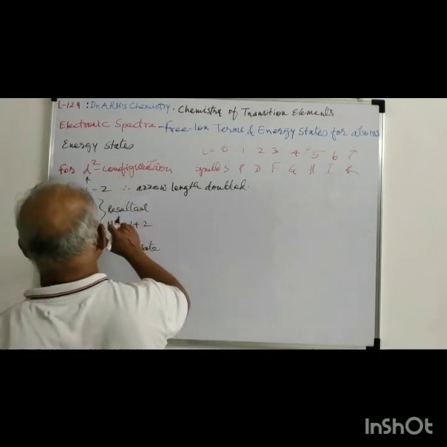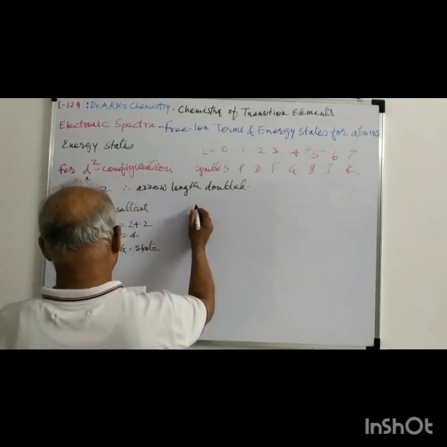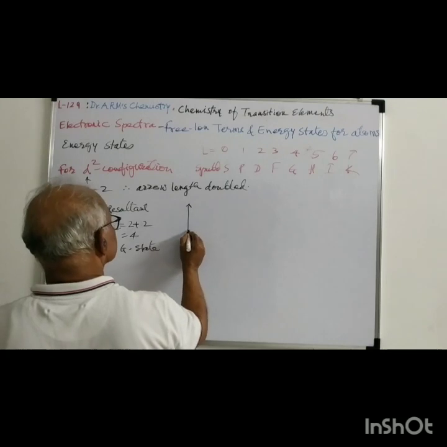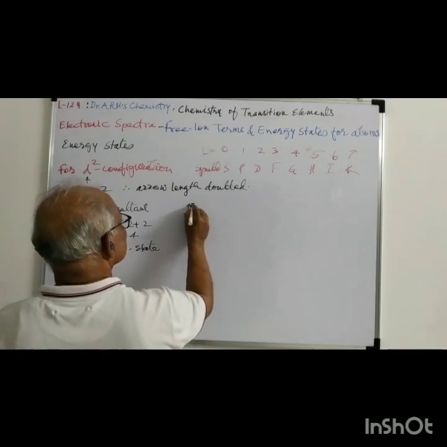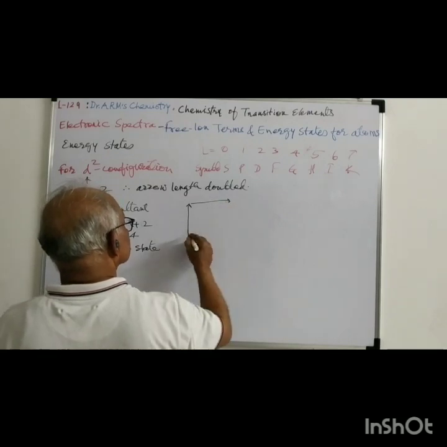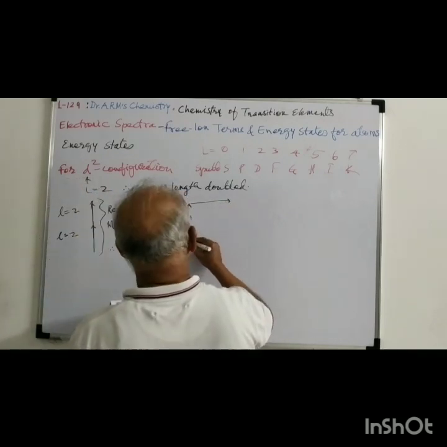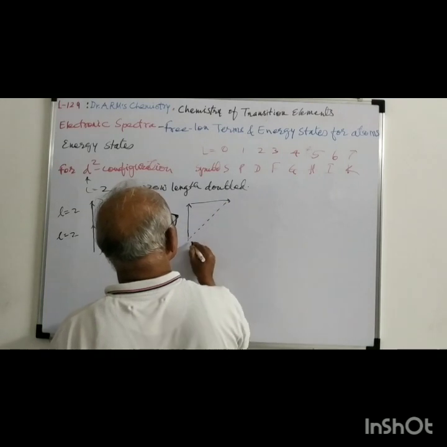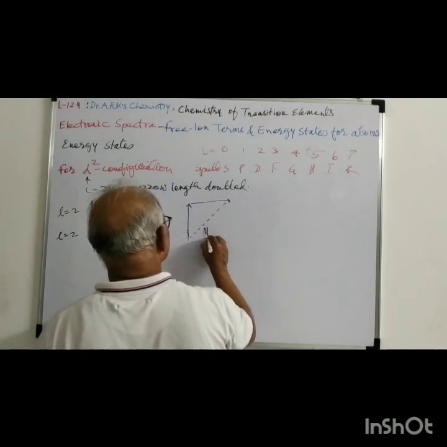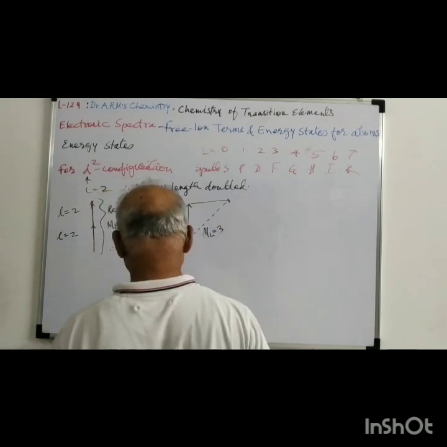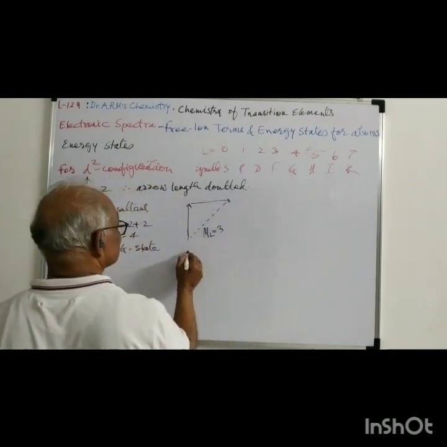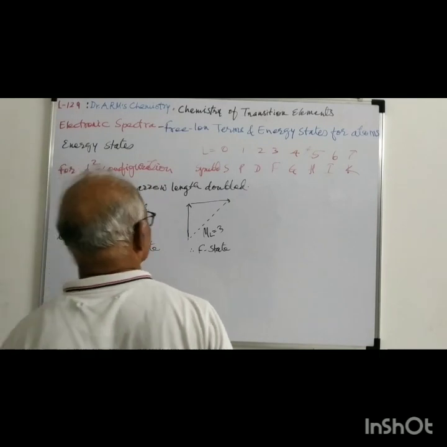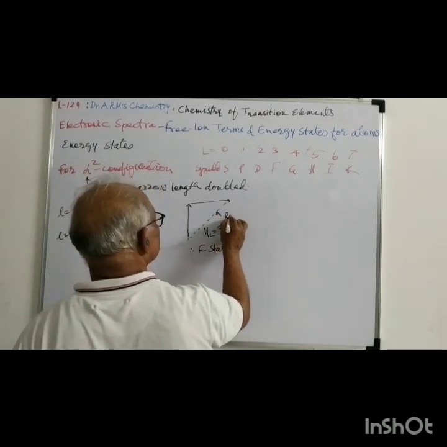Now, if the direction of this is changing, then this ML is equal to 3 and 3 corresponds to F. Therefore, F state, that is the resultant.